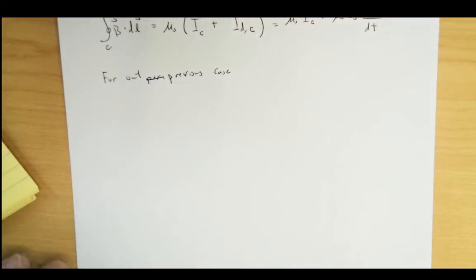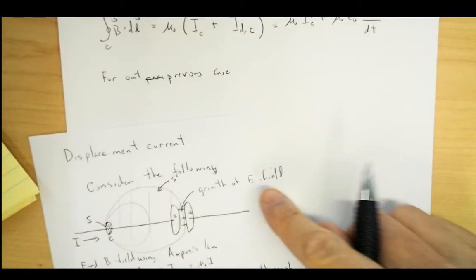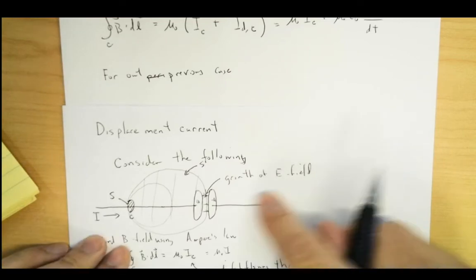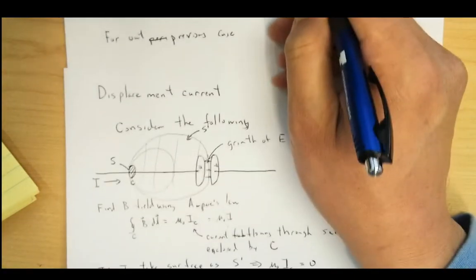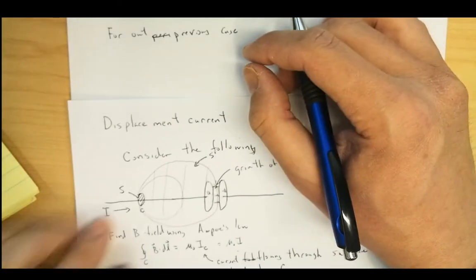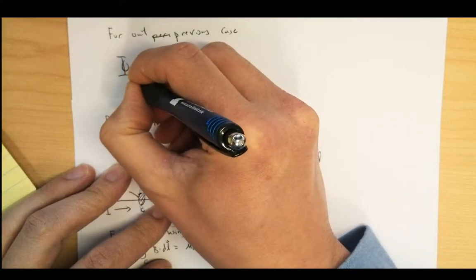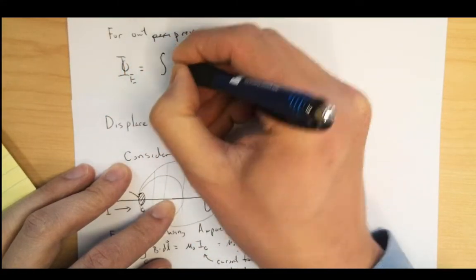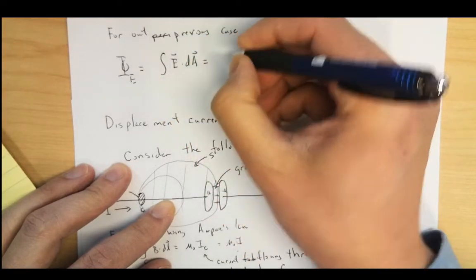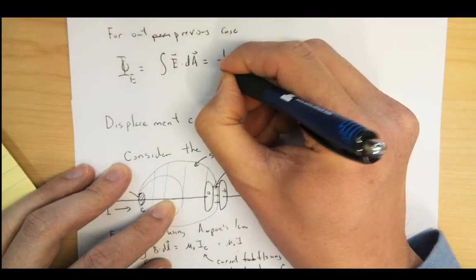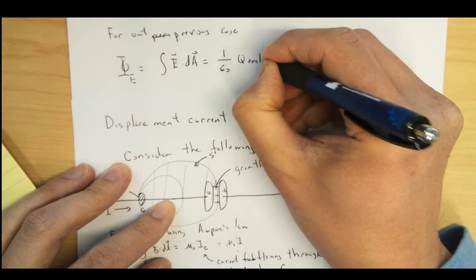So for our previous case, let's remind ourselves of what the previous case looked like. In that case, some E field is building up there. Phi E is the integral of E dot dA, which is 1 over epsilon 0 times Q enclosed.